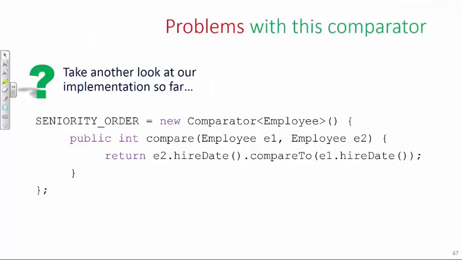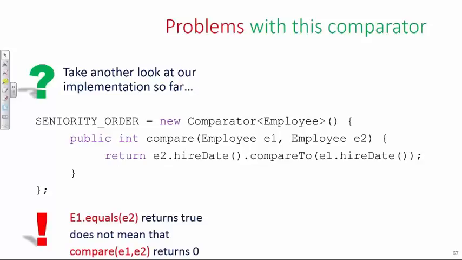So let's take another look at this solution, and let's try to poke holes into it, see what could actually be a problem. The main issue here is that the way that we wrote it, we have this gap between equals and compare, okay?